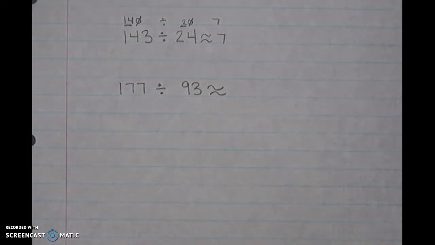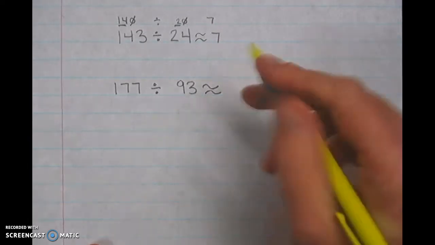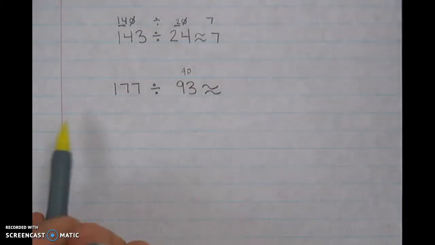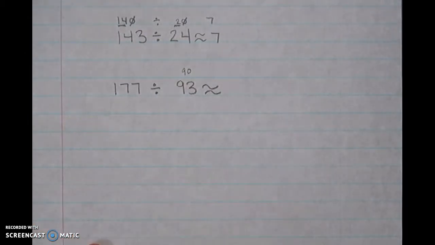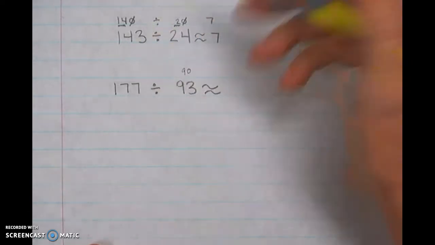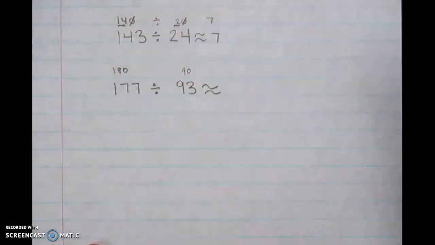All right, we're back. So we have 93. 93 is definitely closer to 90 than it is 100. And when I look at 177, I have to ask myself, it is close to 200. However, again, 9 doesn't go into 2, but it is also close to 180.